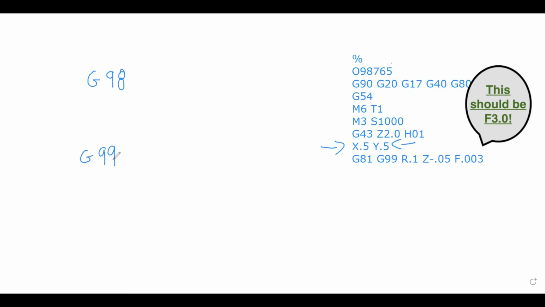You can see that I'm using G99. G99 is going to retract to an R plane. In our case, the R plane is 0.1.